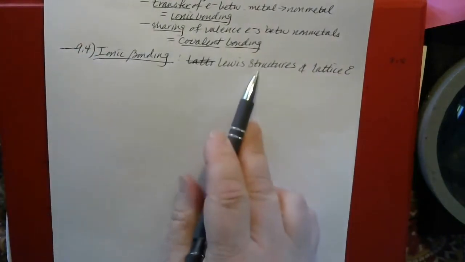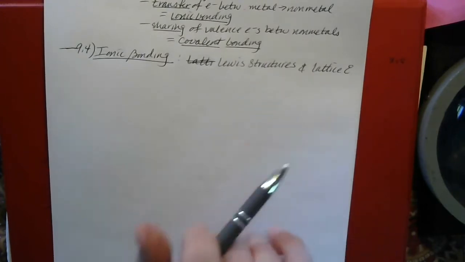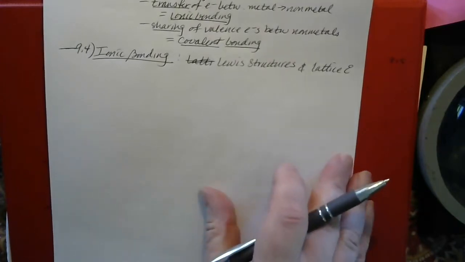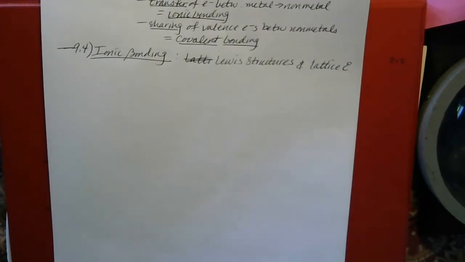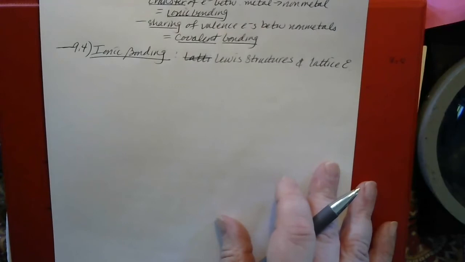Lewis structures are what you get when you take Lewis symbols and sort of piece them together to form a compound or a molecule. So Lewis symbols are, technically, for atoms or monatomic ions, whereas Lewis structures are when you piece two or more Lewis symbols together to form a larger structure.